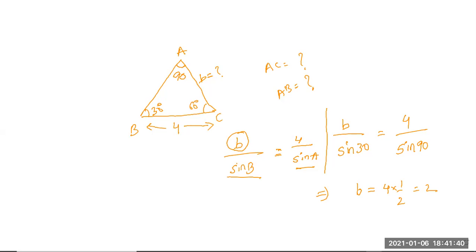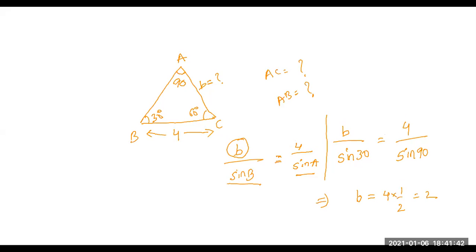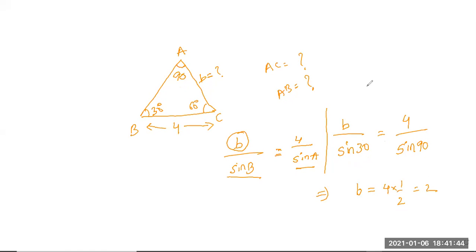If b is 2, can you find AB? How will you find? c by sine C is equal to... Sine C is sine 60. AB by sine 60 is equal to 4 by sine 90.